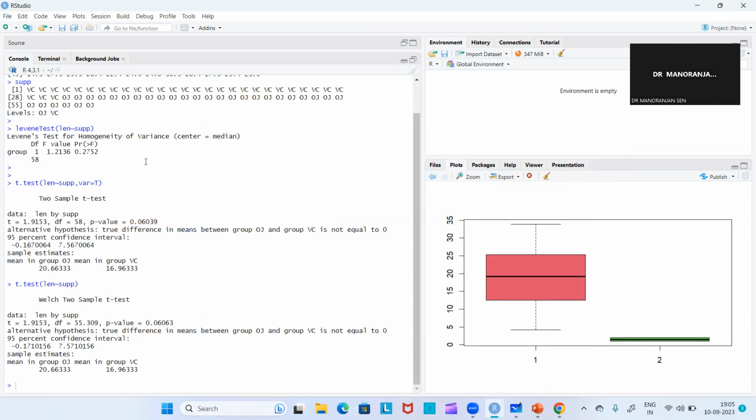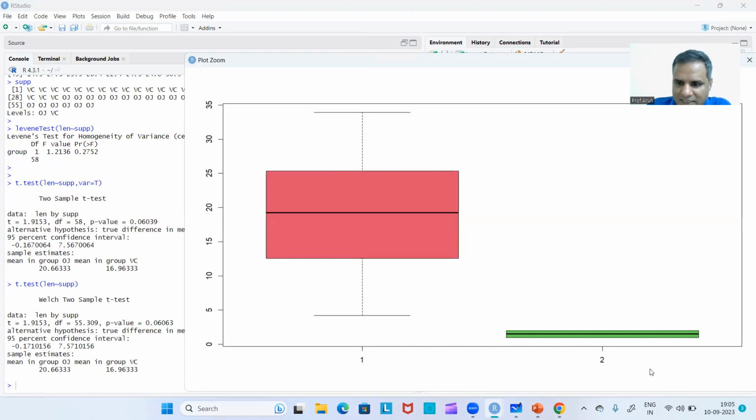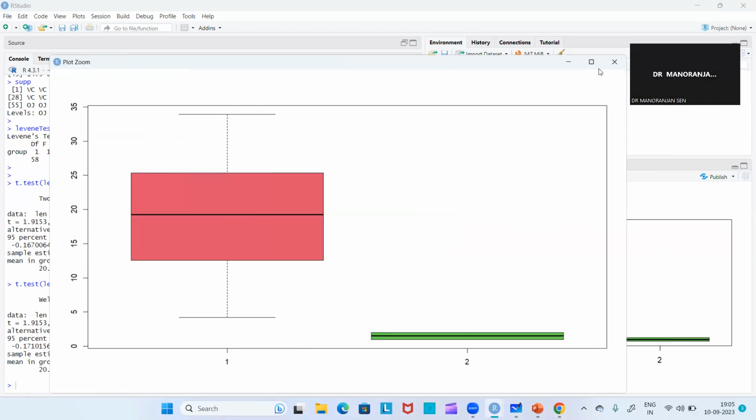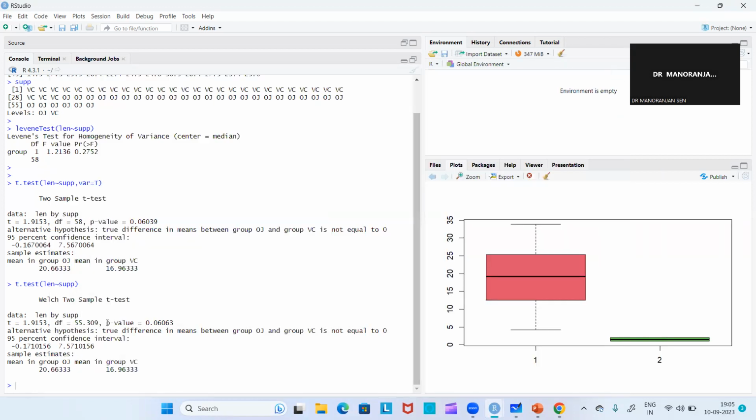The box plot I have given you is also supporting the mathematical output. The spread within the group is the same. Okay, sir. So the two-sample t-test is over.